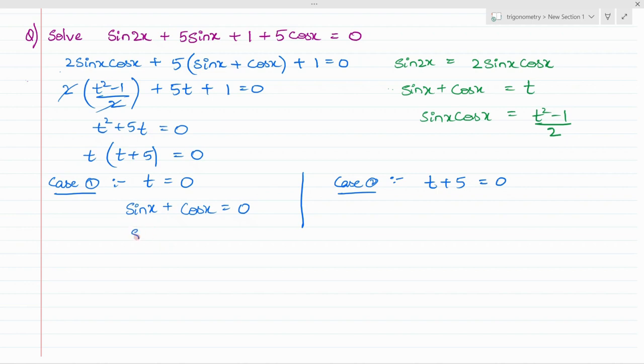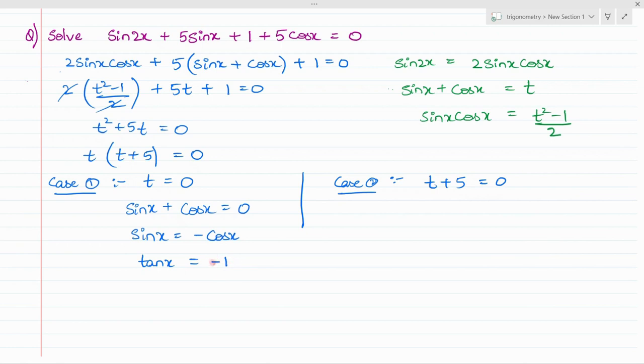So this can be written as sin x is equal to minus cos x, which gives tan x is equal to minus 1.